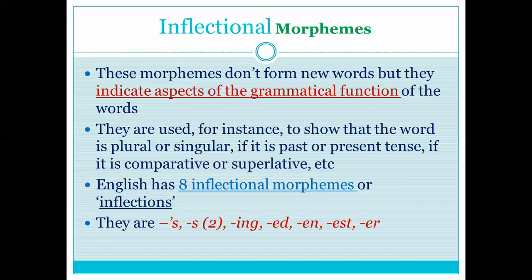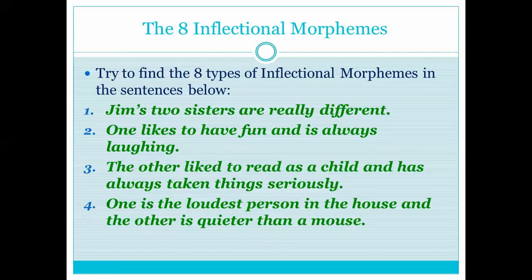It might change the noun from one to multiple, to plural. So for example, these are the 8 that you'll always ever see. Basically, that's it. And it can be memorized easily because there's only 8 of them. But again, it just maybe makes it plural or singular, past, present, comparative or superlative. And here are some examples to help you understand a bit better.